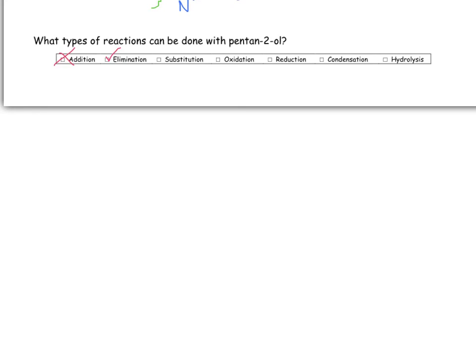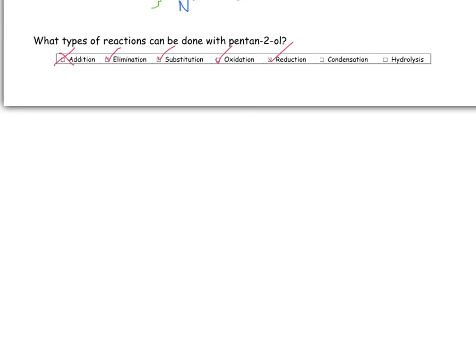You could remove the hydroxyl and replace it with a different functional group. Therefore, it can do a substitution. You could change the single bonded O to a double bonded O. Therefore, you can do an oxidation. You could remove the hydroxyl group and replace it with an H, which would reduce the number of CO bonds by 1.